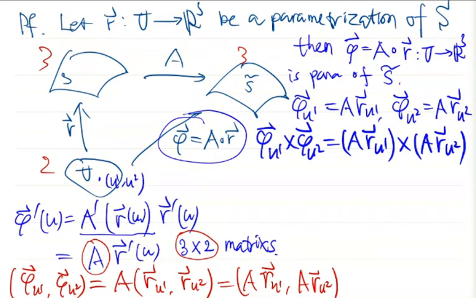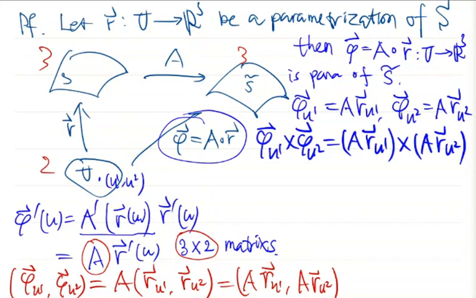By the geometric meaning of cross product, the cross product of R U1 and R U2 is a vector orthogonal to both of them, whose norm equals the product of their norms multiplied by sine theta.